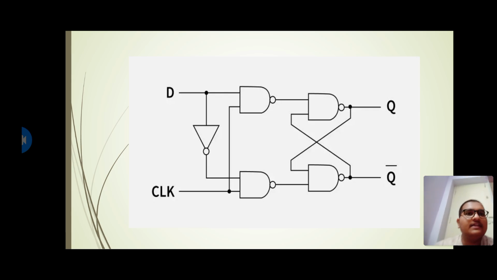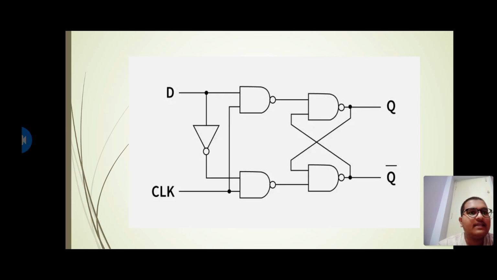Here, the D input is connected to the first NAND gate, and the complement of D is connected to the second NAND gate input, and the clock is given as input to both the first and second NAND gates.